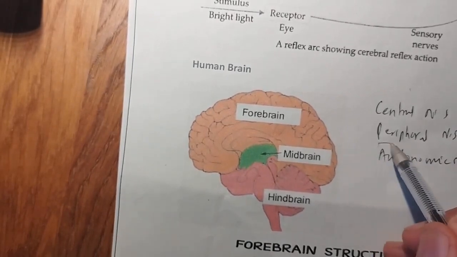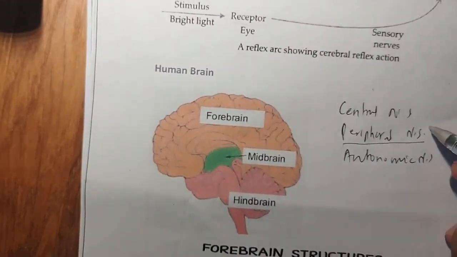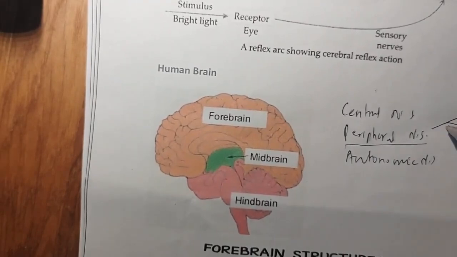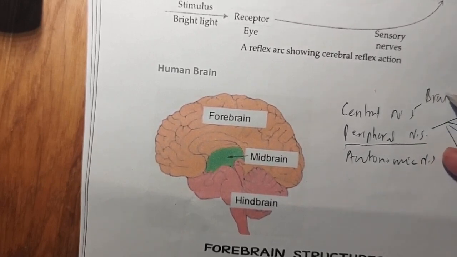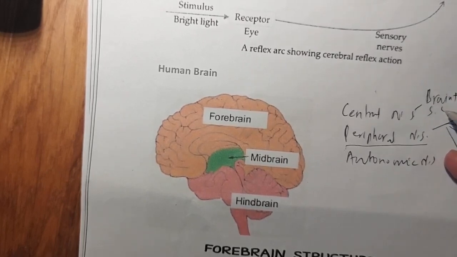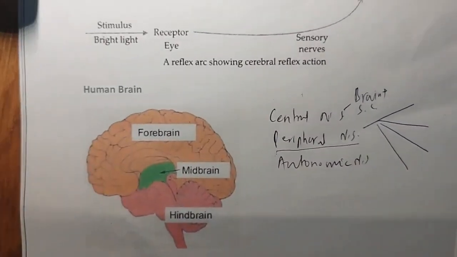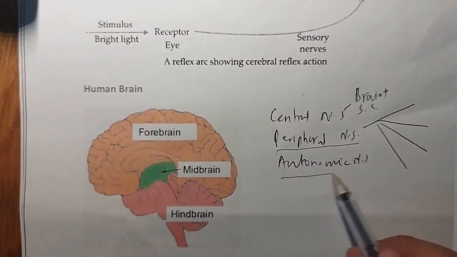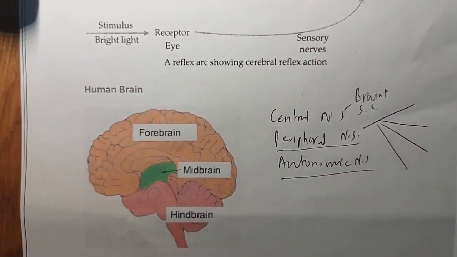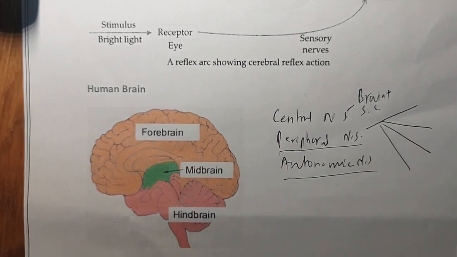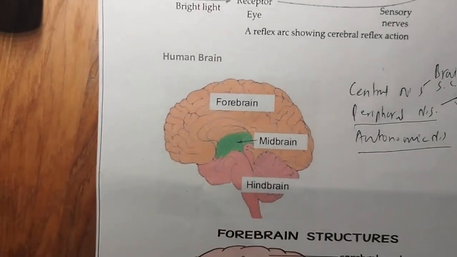The peripheral nervous system means the nerves in the body outside the brain and spinal cord. The central nervous system is made up of the brain and spinal cord, and the autonomic nervous system controls the functions that are involuntary in the body. We'll have a look at them later on in this chapter.